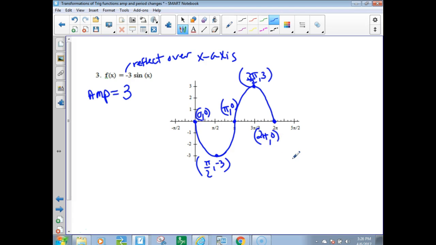And then if I wanted to continue it, we would just come down to here. And you don't have to label that. And then if we were going this way, it would be back up to 3.